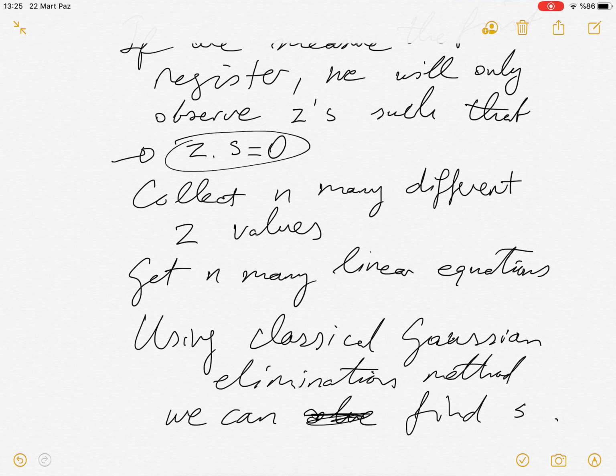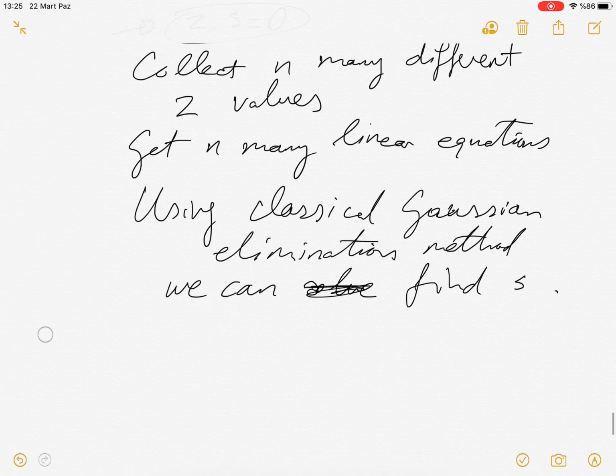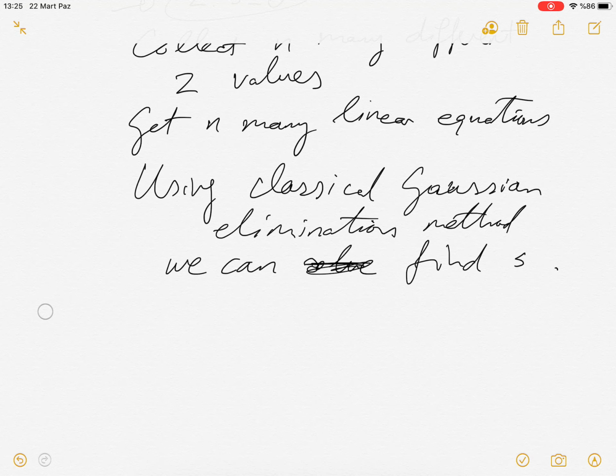And what we did is that we evaluated the quantum circuit n many times, and the Gaussian elimination method takes in the order of n. So then we get a complexity of big O(n) to solve Simon's problem.